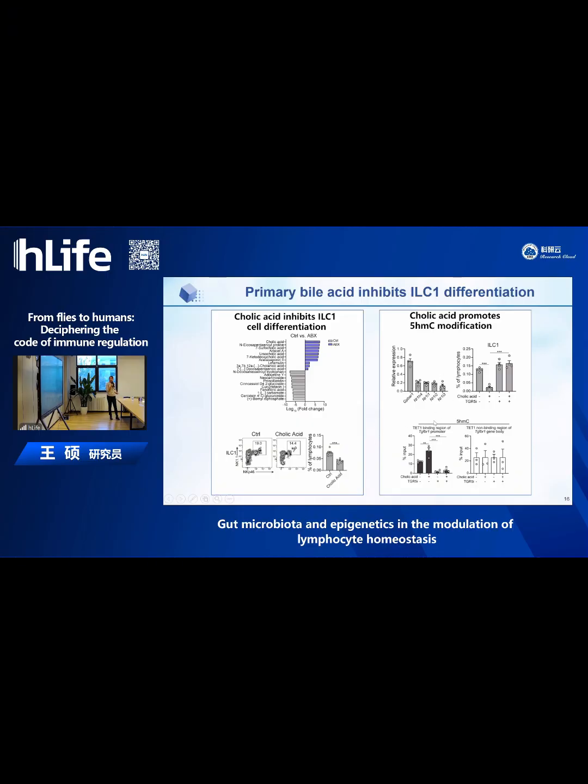Also, we found that the level of hydroxymethylation of the ILC1 is very high. When we use the acid inhibitor, it can rescue the high level of hydroxymethylation of this ILC1. That means that the microbiota can regulate the hydroxymethylation of ILC1 and also inhibit the proliferation of ILC1.